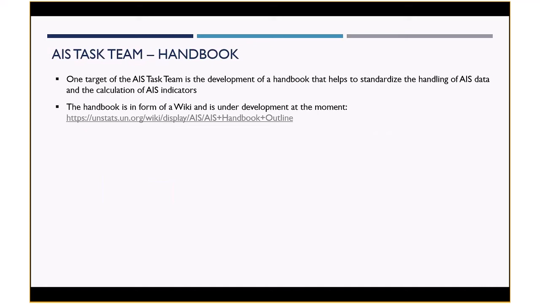And this handbook is in the form of a wiki, and at the moment it's under development, even though we already have a good structure and also a lot of content. It can continuously be developed and enlarged, depending on who can add maybe another use case or another indicator, more code. So it is under continuous development. And now we will have a look at this handbook.